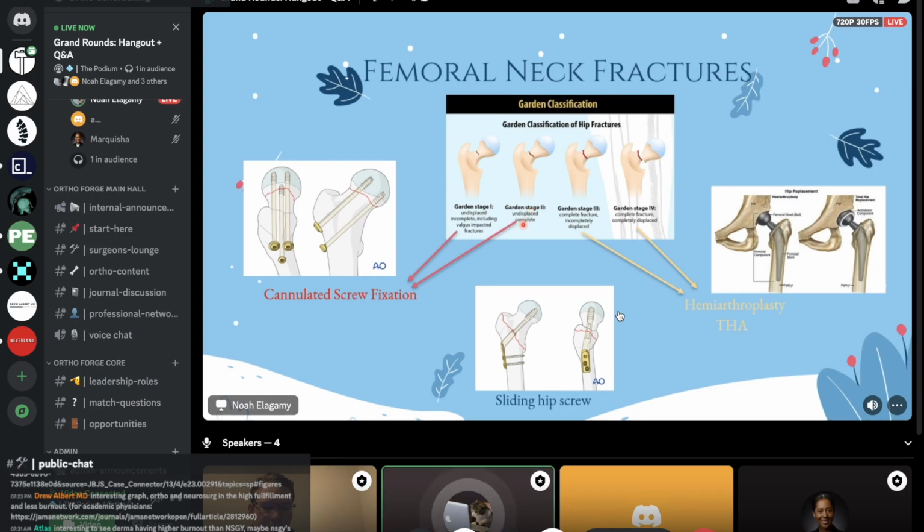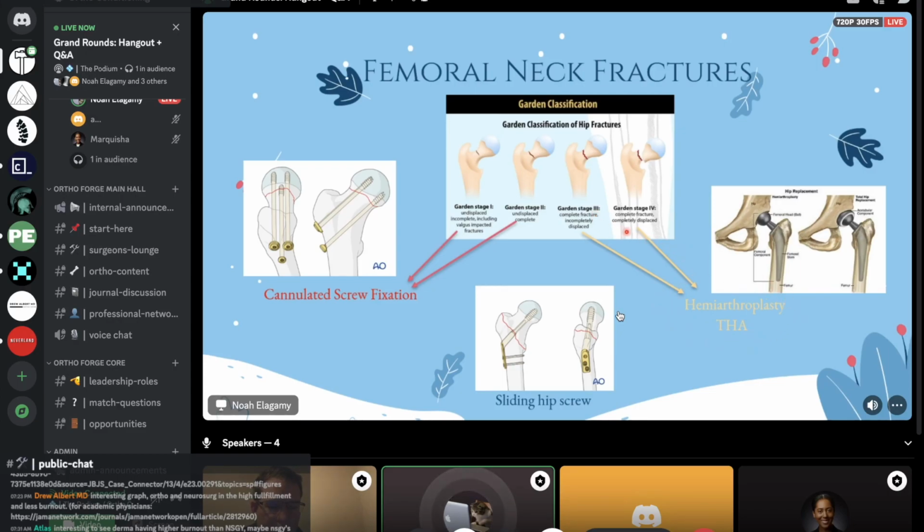And if in the OR it's unstable, switch to a method that you would use to fix an unstable or displaced Garden fracture, which would be 3 or 4, and that would be a hemiarthroplasty or a total hip arthroplasty.